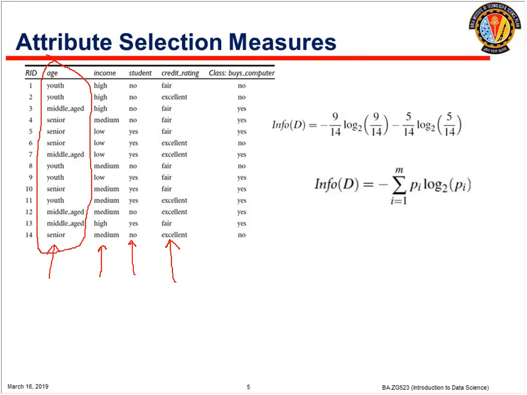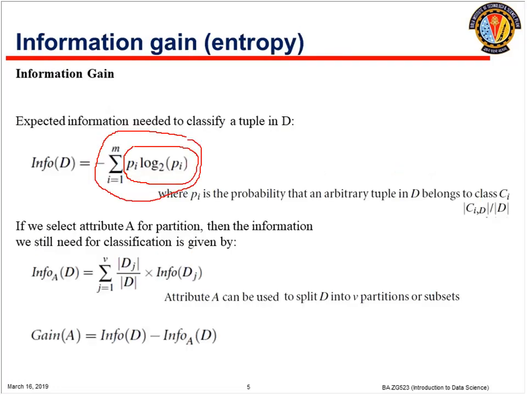So if you look at the formula again, this is the formula for calculating the entropy, or the information that is present in the system.